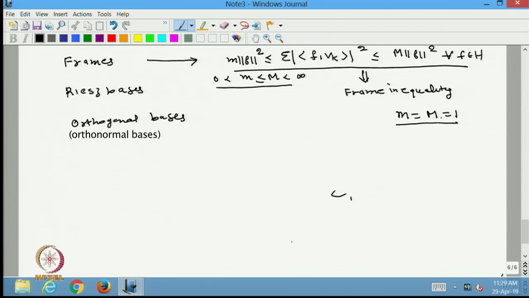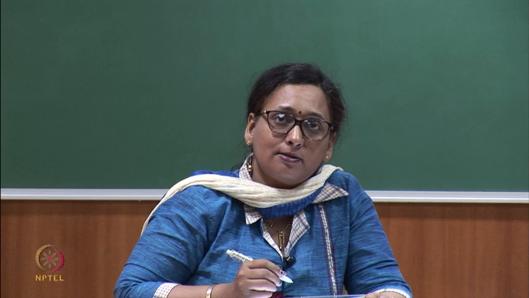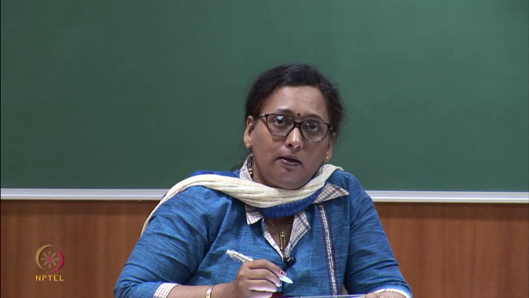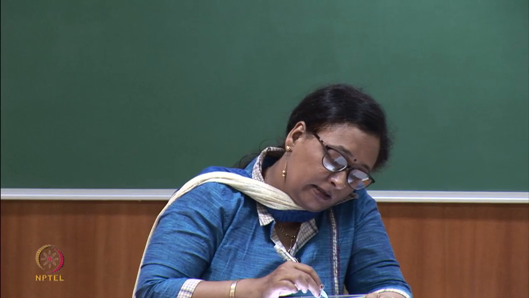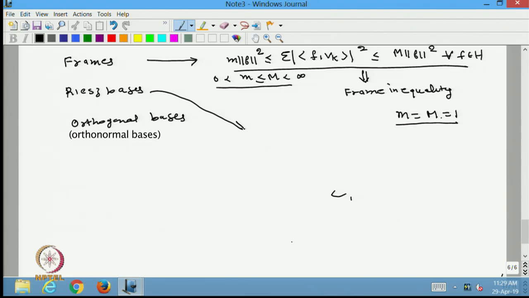Now, these v_k(x) can be linearly dependent vectors in frames, but to come to the definition of a Riesz basis, one additional assumption I am making is that these are linearly independent vectors.